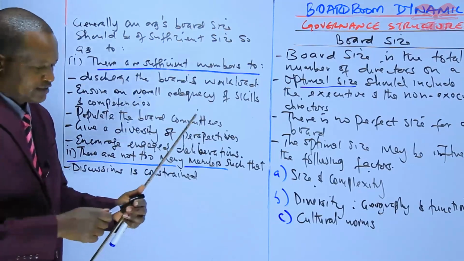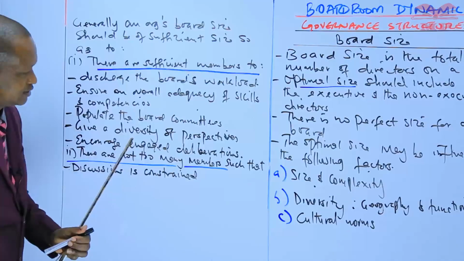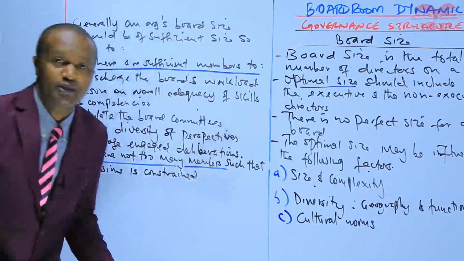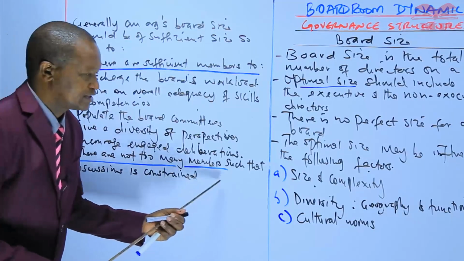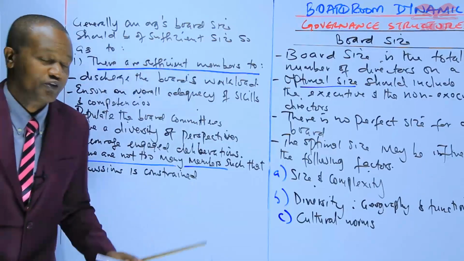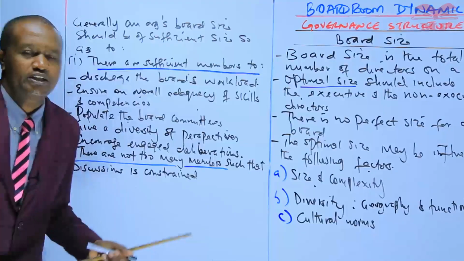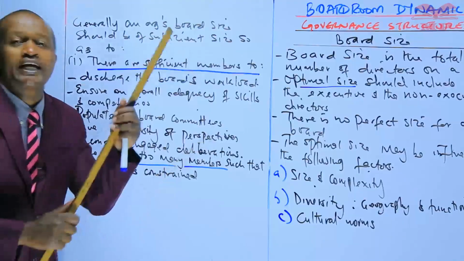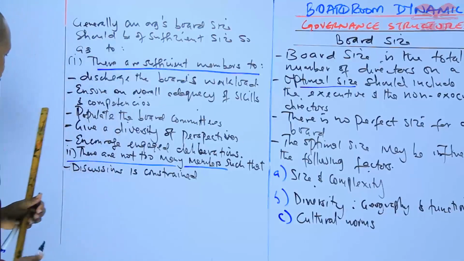It's like having a parliament of more than 400 members. Can you imagine having a parliament of more than 400 members? That parliament, we can say, has too many members. And what will happen if you have such a large number? Discussions can be constrained, and it will be difficult for all the members to meaningfully engage in any deliberations.